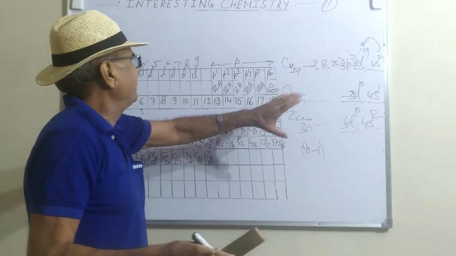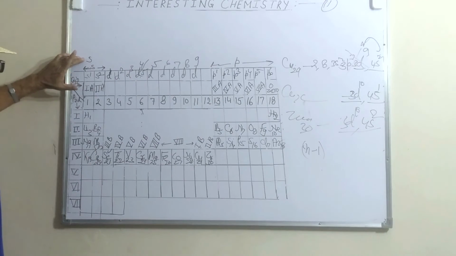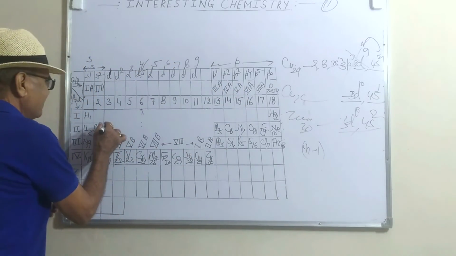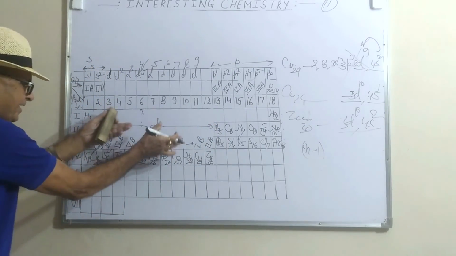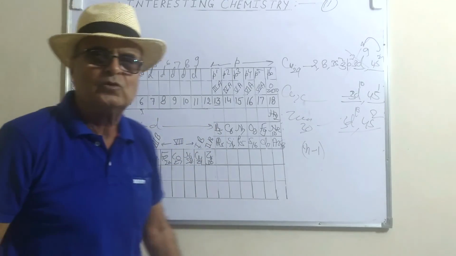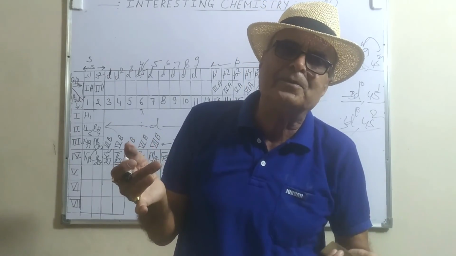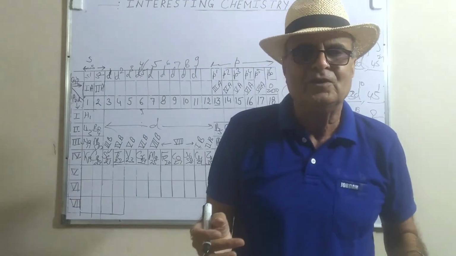These are the s-type elements, these are the p-type, and these are the d-type elements. And again, one more kind is the f-type elements. I will discuss that in my next video.